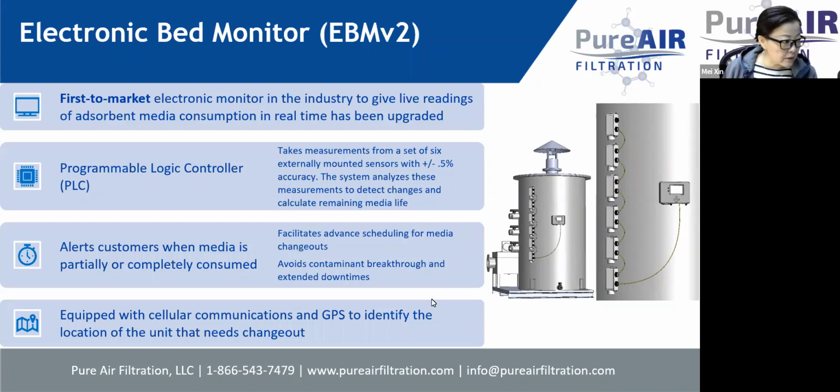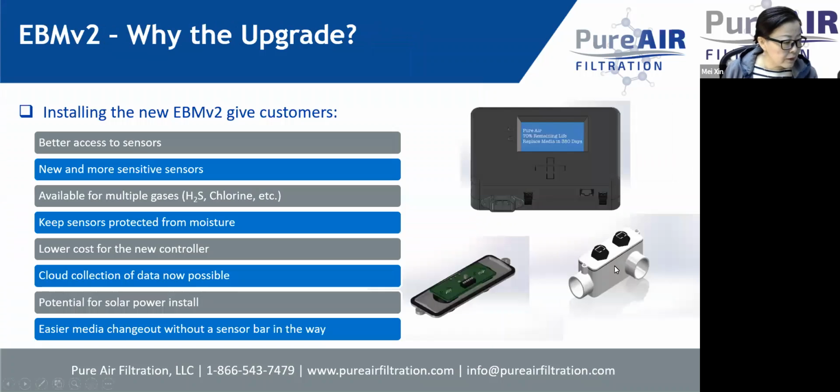And the next slide gives you a summary about why you need to upgrade, if you have the old version of the EBM. Several highlights: you have better access to the sensors, and it's lower cost, higher accuracy, and covers more contaminants like H2S and chlorine.